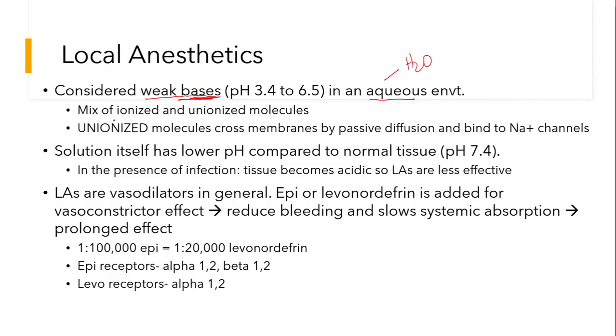Now, local anesthetics consist of a mix of ionized, which is charged, and unionized molecules, which are uncharged molecules. Now, between the two, it is the unionized molecules that are needed because they are the ones that are capable of crossing nerve membranes, and they do so by passive diffusion, and they are the ones that bind to your sodium ion channels.